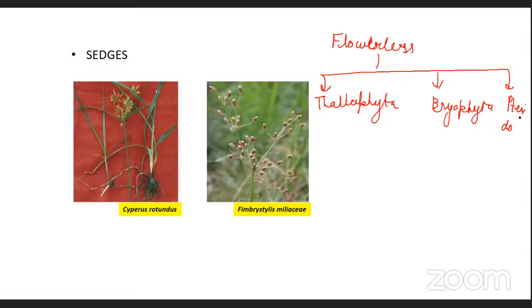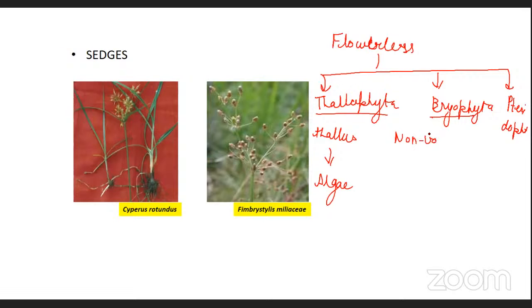Maybe you have read this in your 11th and 12th. The thallophytes usually have thallus-like structures, and an example of thallophyta is algae. Then we have the bryophyta. Bryophytes are usually non-vascular plants.